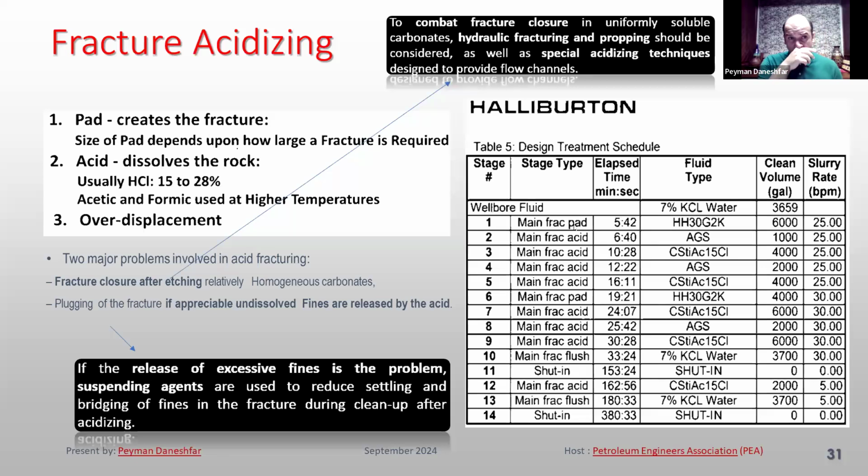Another major problem is plugging the fracture if appreciable undissolved fines are released by the acid. When we confront this problem, we should use some silt suspending agent to suspend the silt or some element that plugs the fractures.